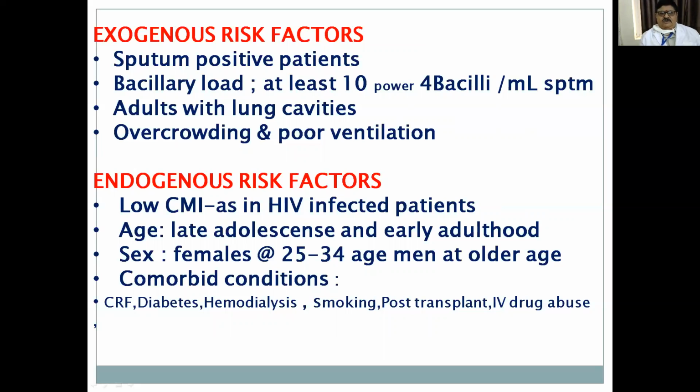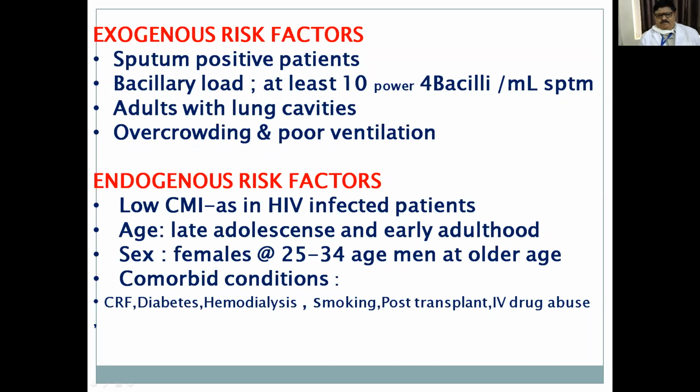And what are the endogenous risk factors? Low CMI, cell-mediated immunity, which is rather low as in HIV-infected patients. And what about age? Late adolescence and early adulthood are the most susceptible age groups. As for sex, females in the 25 to 34 age group, while men are susceptible at an older age.